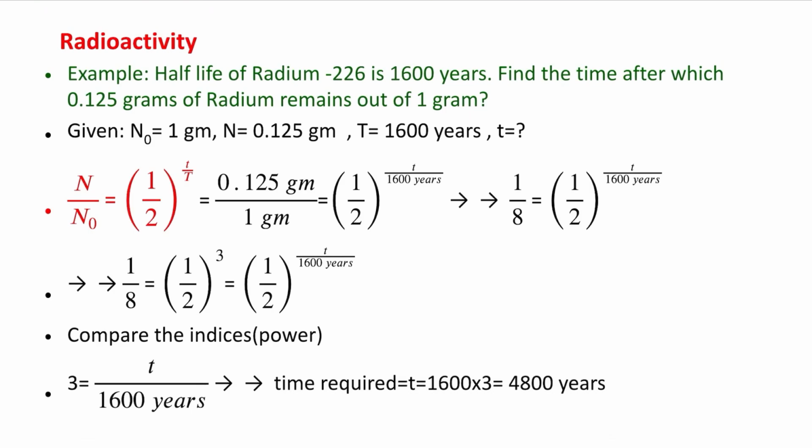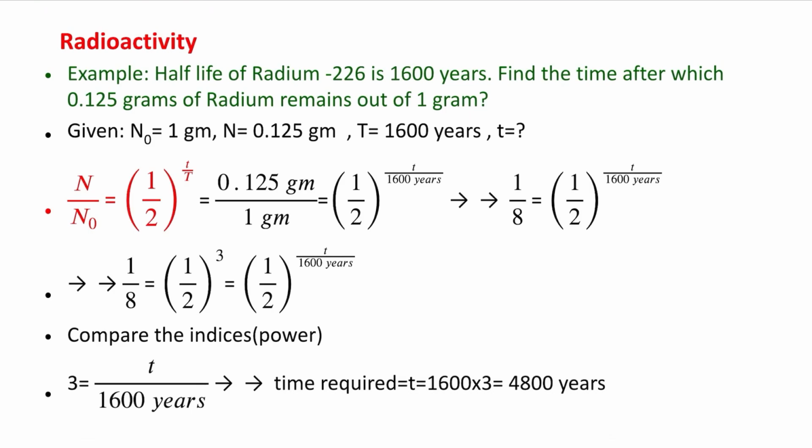So now compare the indices, or the powers, of 1 by 2 in this particular relation. If I compare the powers, I get 3 is equal to small t upon 1600 years.